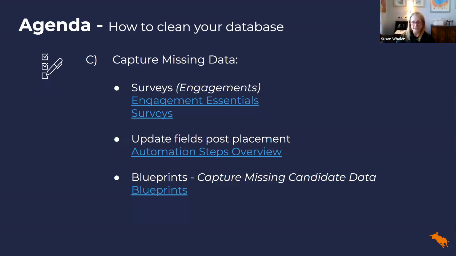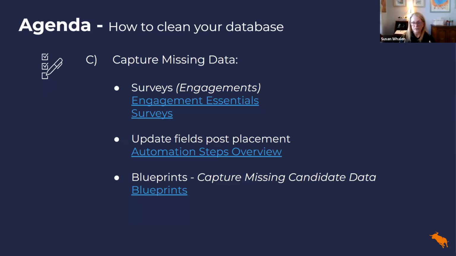And of course, you've just placed them, but who knows, perhaps at some point in time down the road, you might be reaching out to them again to see if they're interested in another role. And now you'll have their more recent job title. You could do the same with salary information. You could update the desired salary on the candidate record with the job salary from the job record.